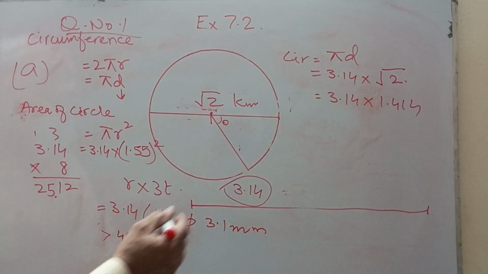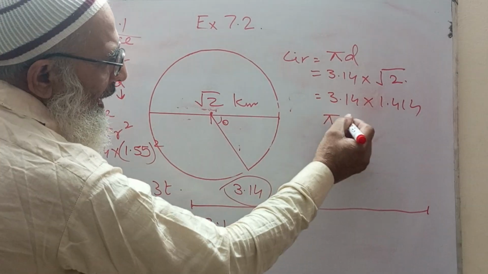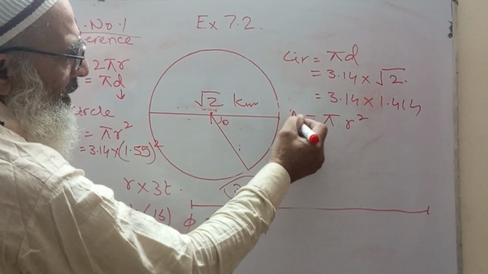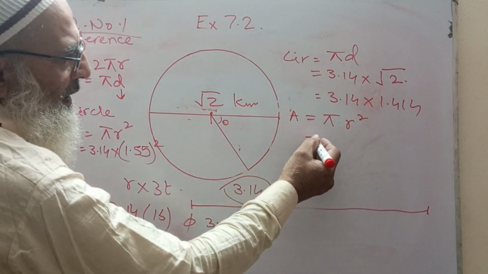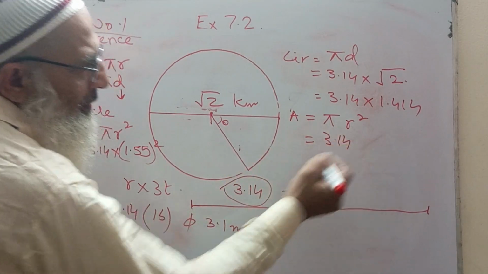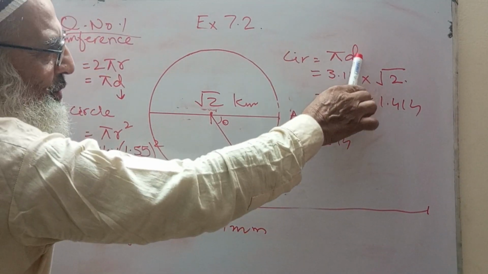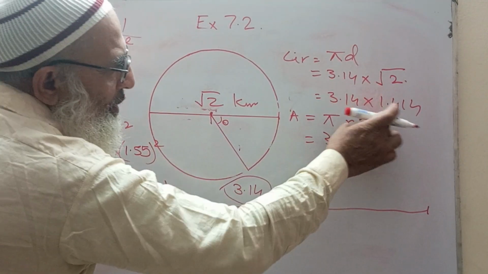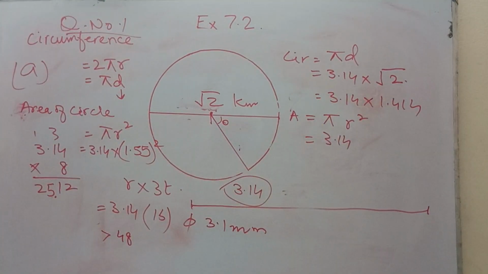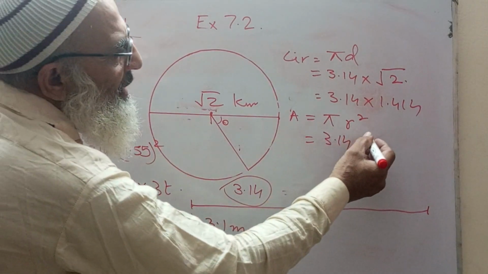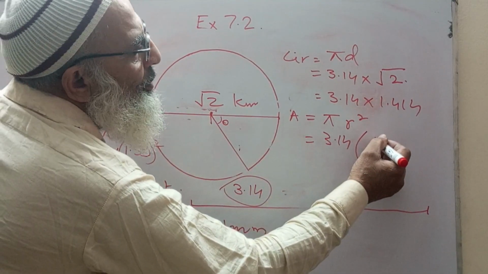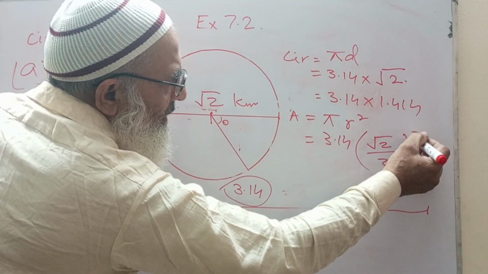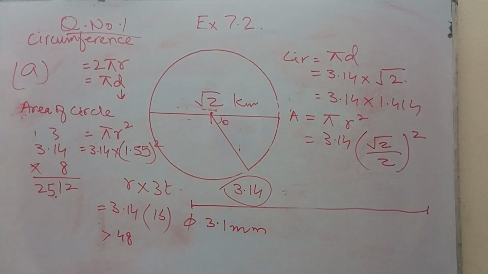And for area, it is pi r square. This is area. Okay, now area is again 3.14. But now since you know that this is diameter, you have to make it half. You have to make this a half, or you just do it like this: root 2 divided by 2, the whole square.